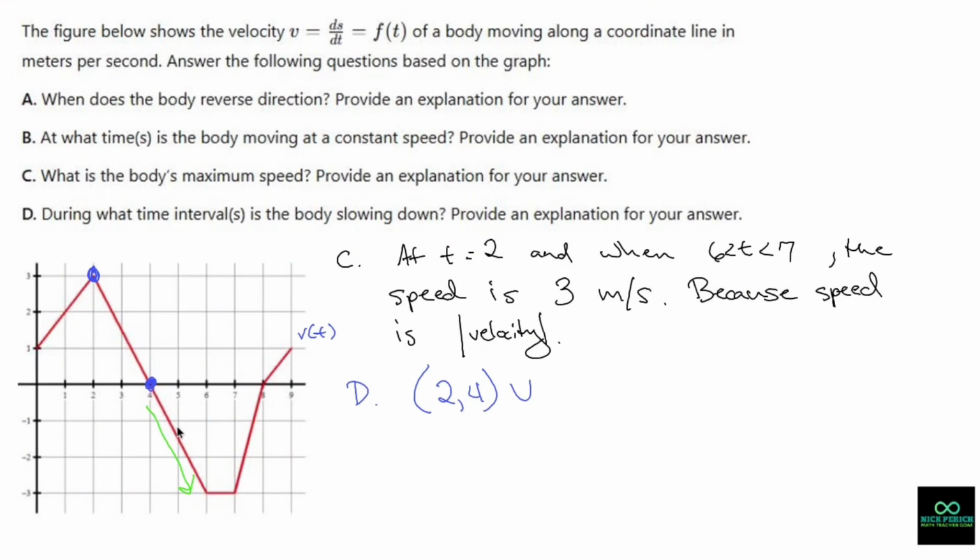Now we're moving backwards, moving faster. This is not slowing down. This is speeding up. This is staying at the same speed. And here, we're slowing down while going backwards. So the other interval is going to be between 7 and 8.